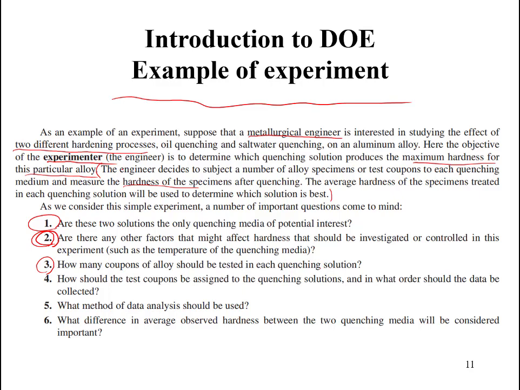For example, here we have two different methods. Imagine we don't have any other factors like temperature in our decision making process. Then how many specimens do we need to test?